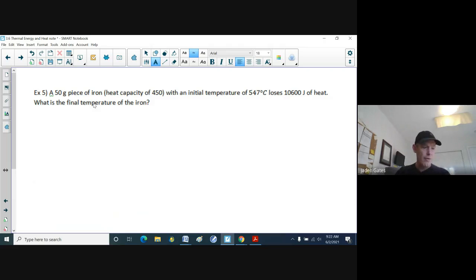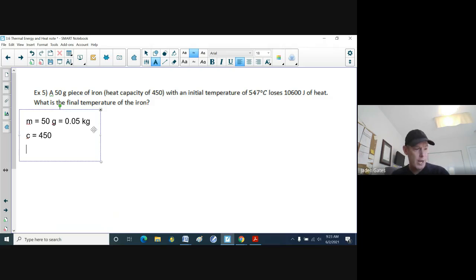To start off, we have our mass there, which again is in grams, which we're going to have to convert to kilograms. There's 1,000 grams in a kilogram, so I'm going to divide by 1,000. This time I get 0.05 kilograms. This iron has a specific heat capacity of 450.